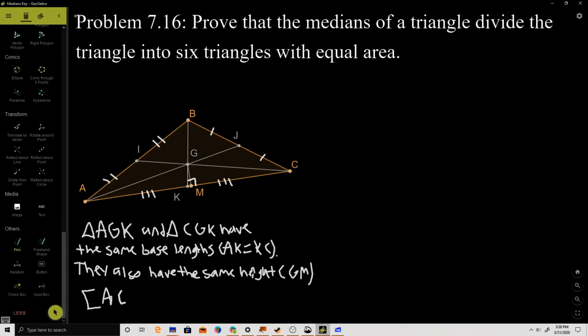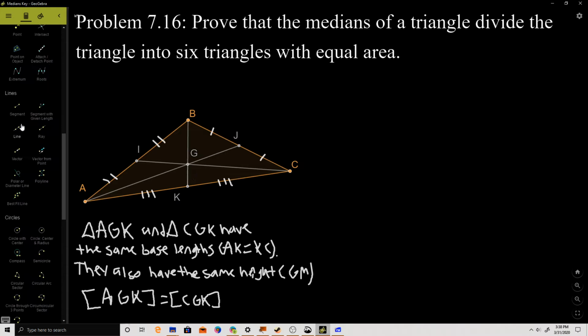So the area of AGK is equivalent to the area of CGK. Again, the formula for area, well, one of them is 1/2 base times height. And if the height and base are the same, naturally the areas must be the same.